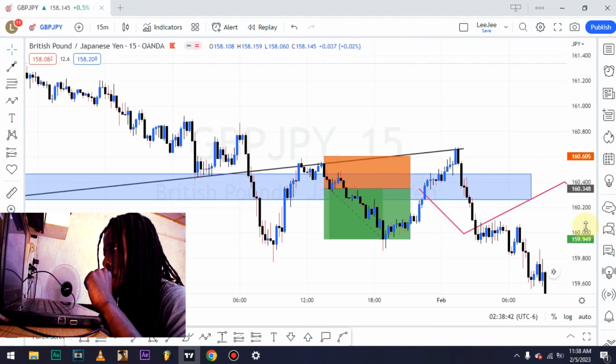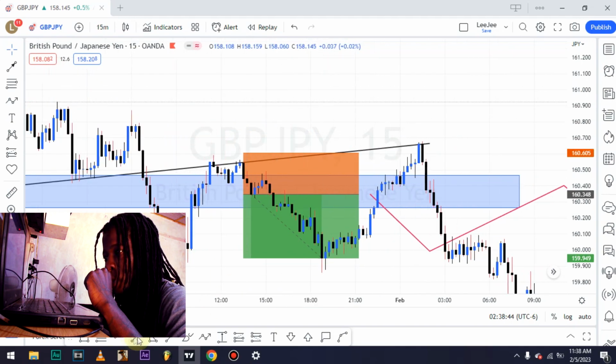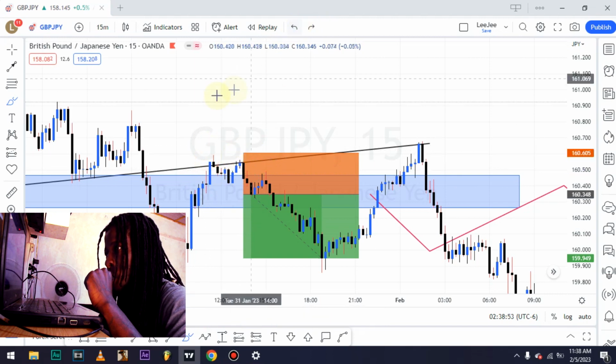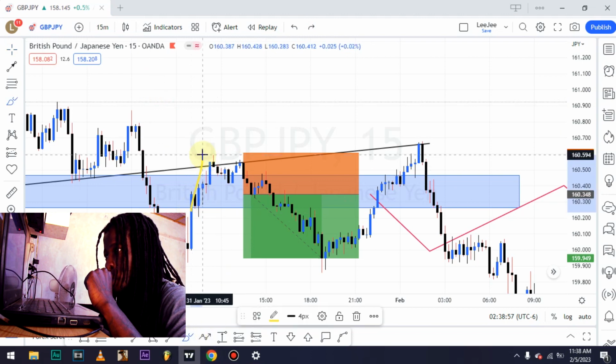There was this double top that was formed over here. Let me draw that. There was this double top over here, guys. Boom, boom, boom, boom.